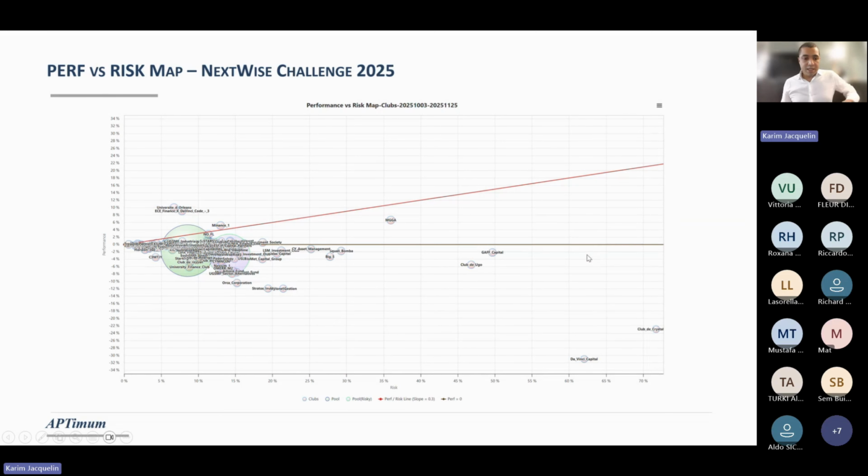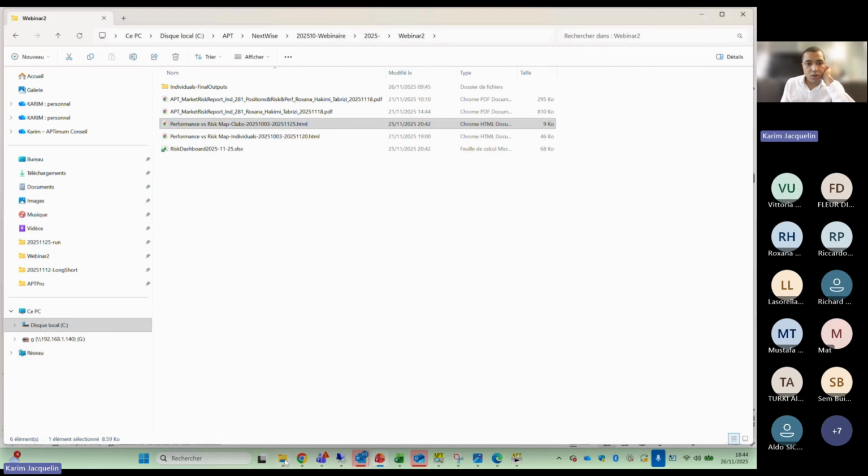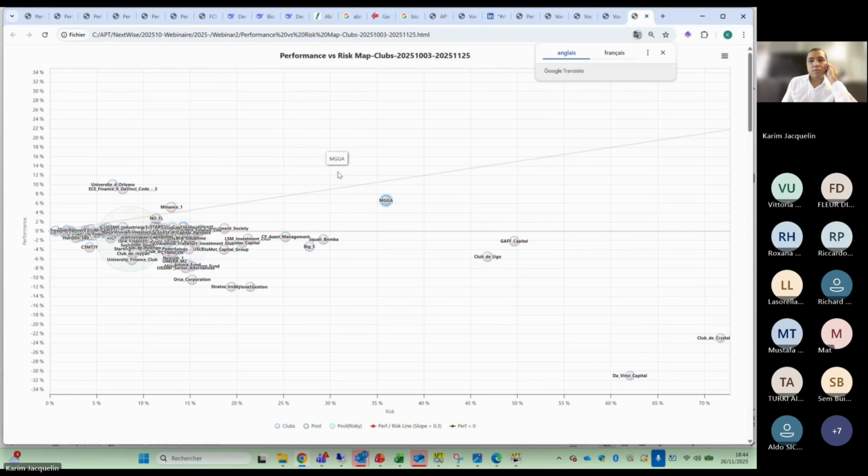So we provide several reports, top-level reports, and more detailed risk reports. So the first one, and I will go directly to this bubble chart, is this one. So in this bubble chart, we have two dimensions.